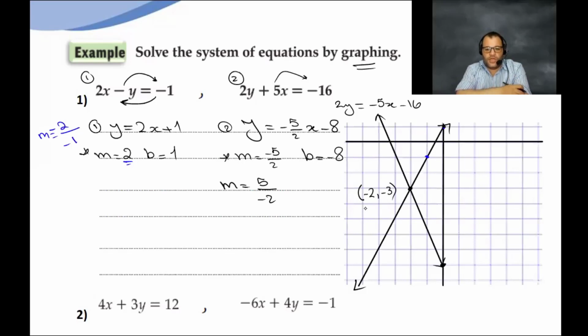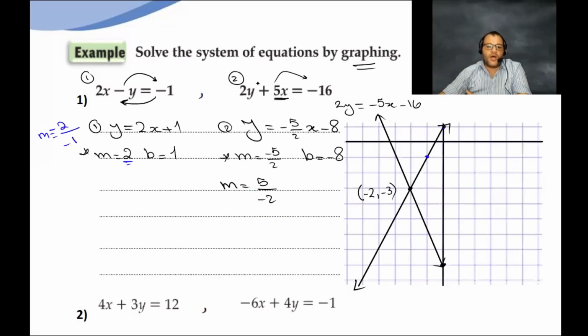Yes. Any problem? Just graph the 2 lines by any way, by the x-intercept, y-intercept, or by the slope-intercept form. But because for the solution we need the exact solution, you have to graph it by slope-intercept. Because if you use the x-intercept and the y-intercept, you will find that we have a decimal here.